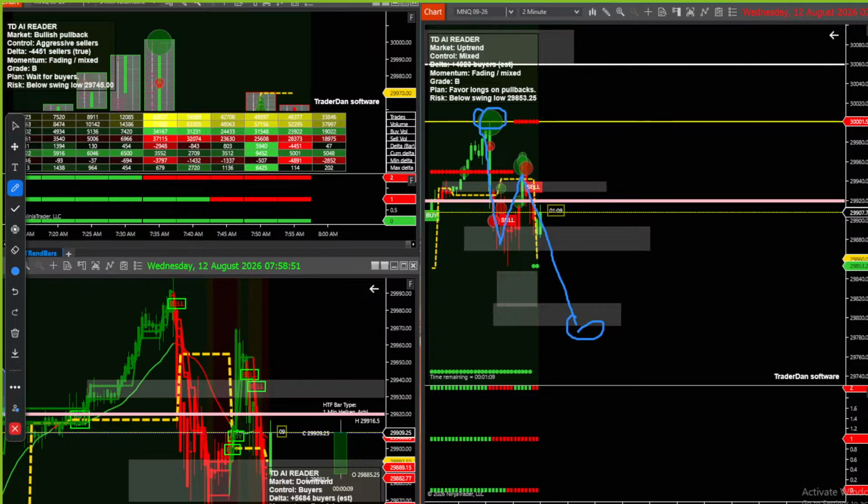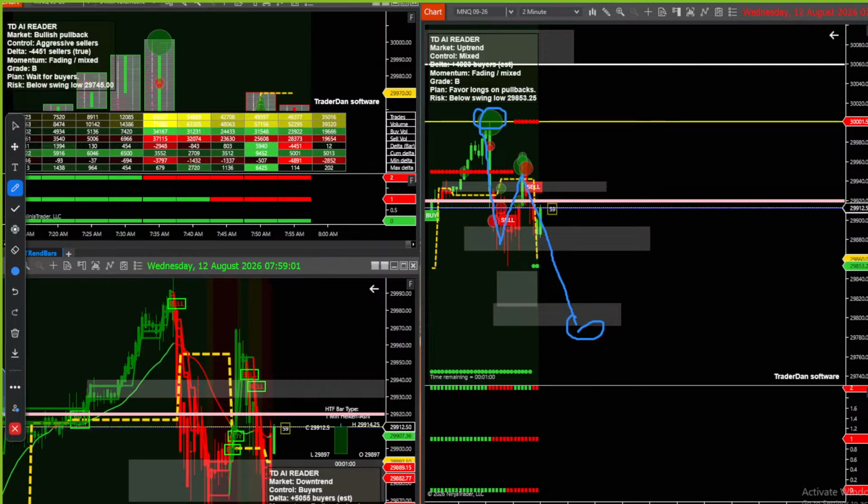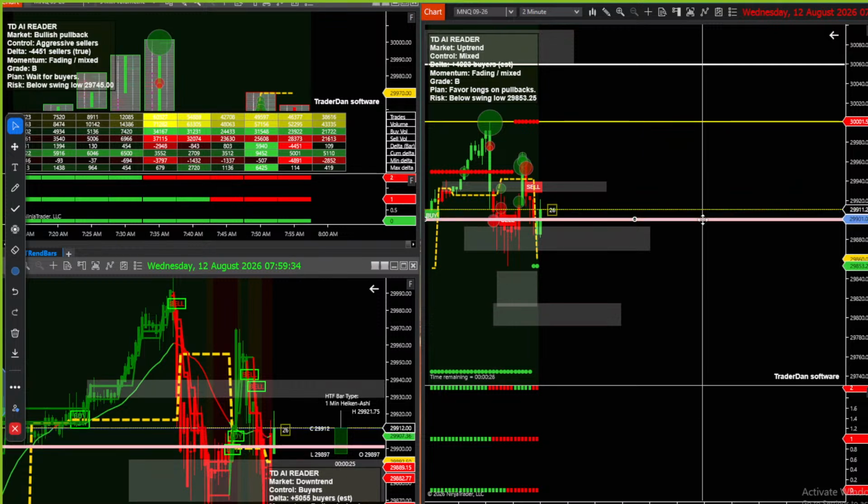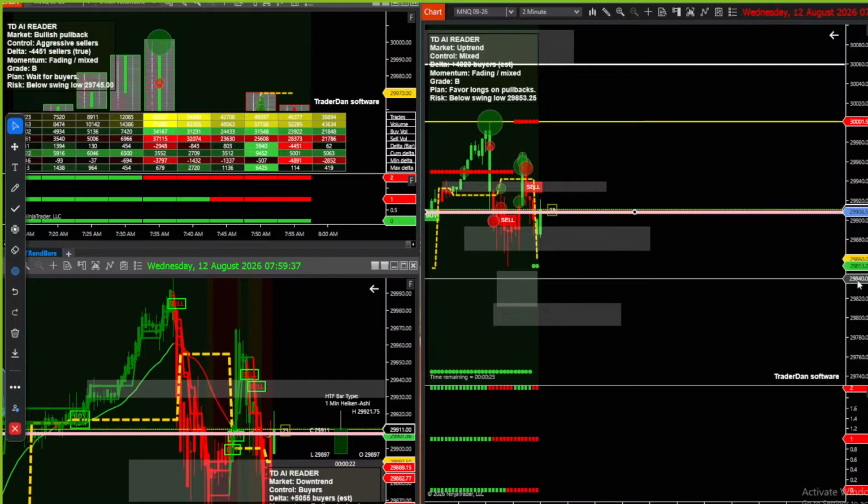Stock just shifted back down. That's always a good sign. $99.07.